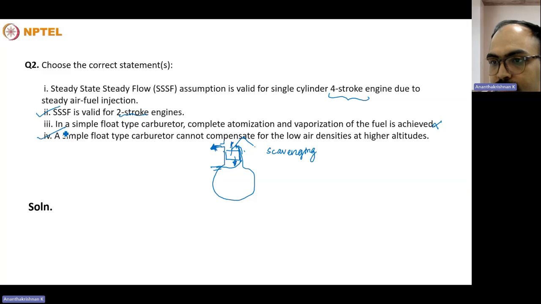So in reality, it might become a rich mixture, and for efficient combustion we would require a much leaner mixture. The simple carburetor cannot compensate for that. So electrical or mechanical feedback needs to be taken to account for the incoming air density. So option 2 and option 4 are right.